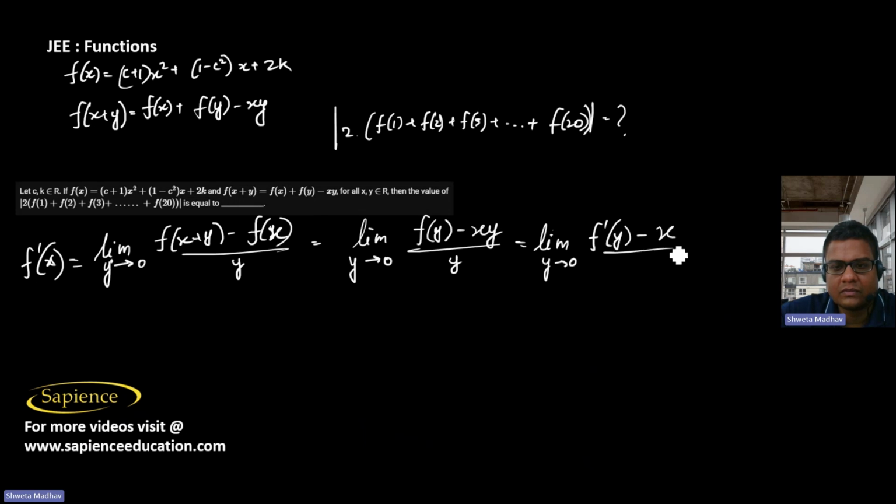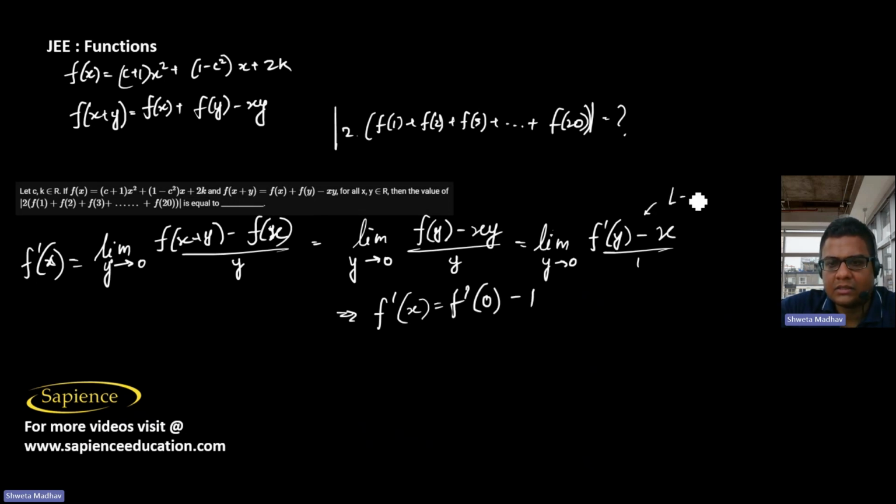So this is x by 1. So therefore f dash x, that is, if you put y equal to 0 here, this will be f dash 0 minus 1. Here actually we are applying the L'Hospital's rule.